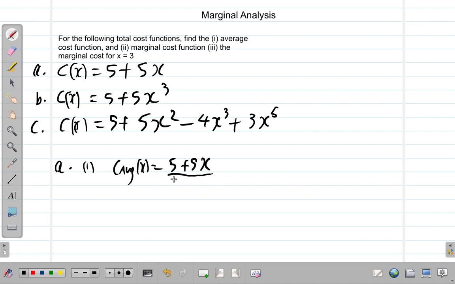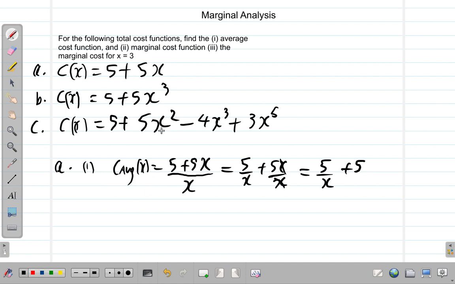X is the number of items or units, so you divide by x. So what this would give you is 5 divided by x plus 5x over x, but x would cancel x here. So it all comes down to 5 over x plus 5. Okay, so that's the average cost function for A.